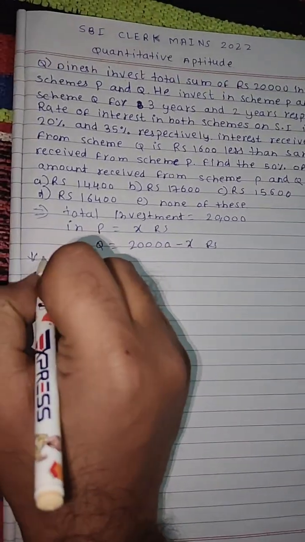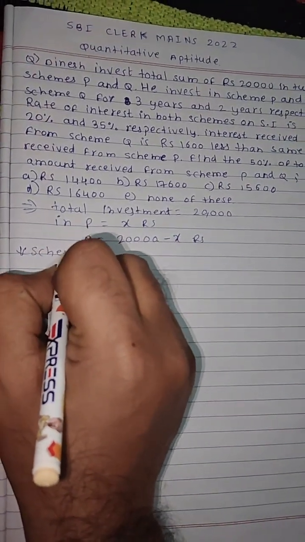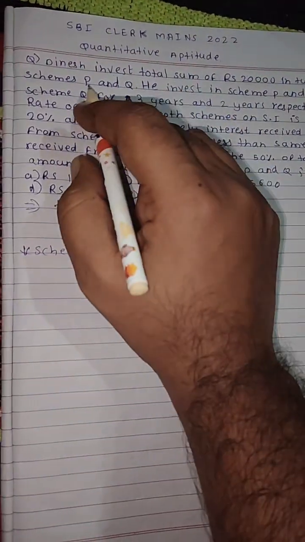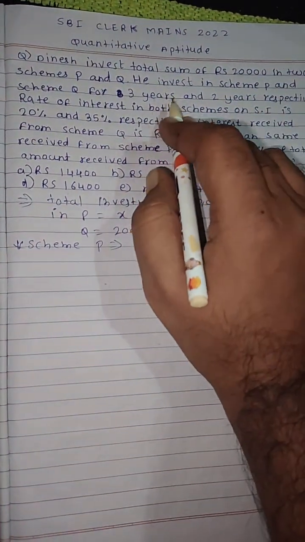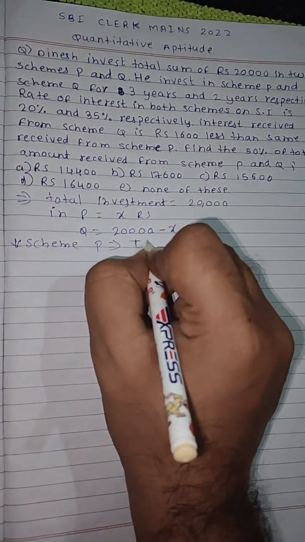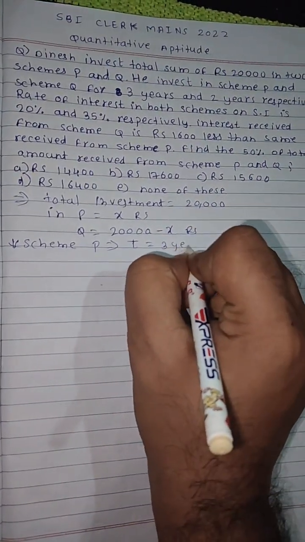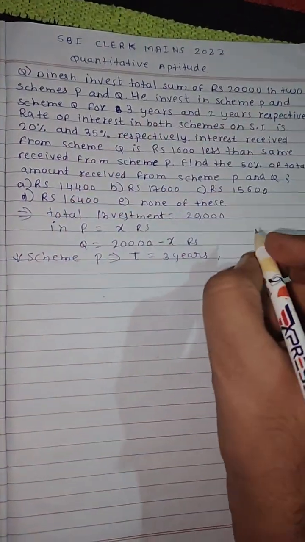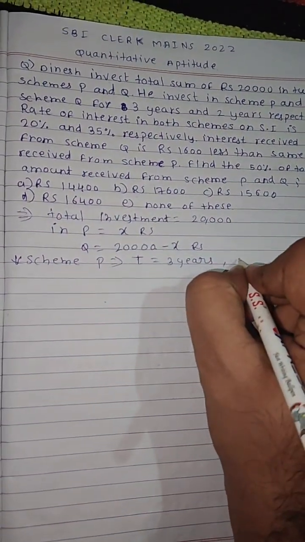And one more piece of info they have given. For scheme P, the time period T is 3 years and the rate of interest is 20%.